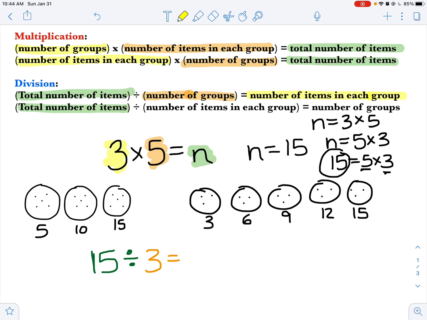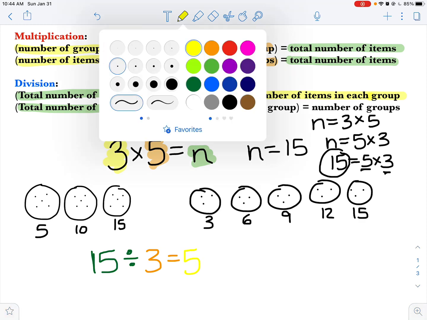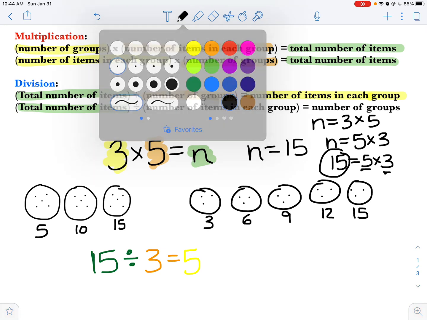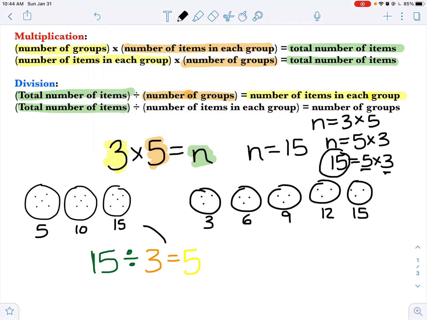Okay, so we could have 15 items divided into 3 groups to show that we have 5 in each group. Okay, that is represented right here. We have 15 total dots, 3 equal groups, 5 in each group.